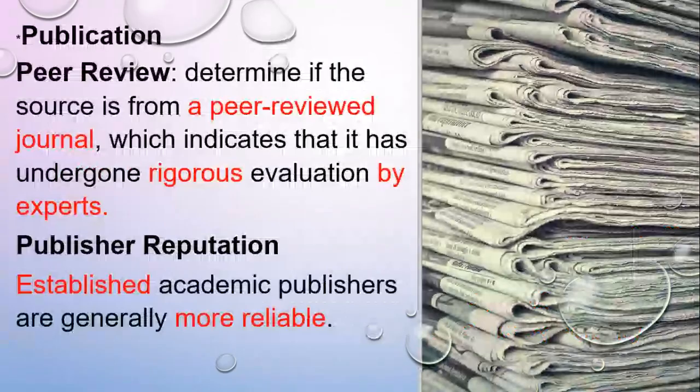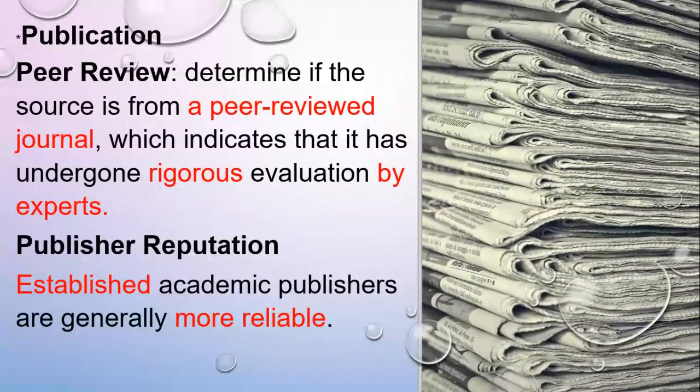So here we look at the publishing institution or the publication. Some of you mentioned that peer-reviewed journals or peer-reviewed articles are normally very reliable. So we have to determine if the source is from a peer-reviewed journal. This is a classification, right? This is a category of journal. Peer-reviewed indicates that the article has undergone rigorous evaluation by experts.